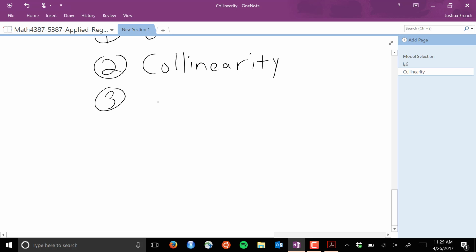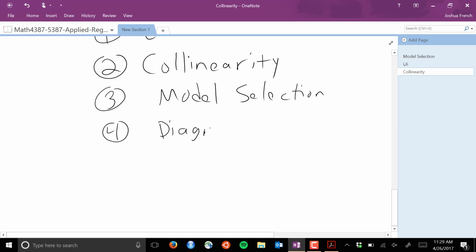After you do that, then you're going to go through the model selection process, right? So this involves a lot of fitting of various models and things like that. And after you do the model selection process, then you're going to look at the model diagnostics. So are the assumptions that we've been making the entire semester valid or not?